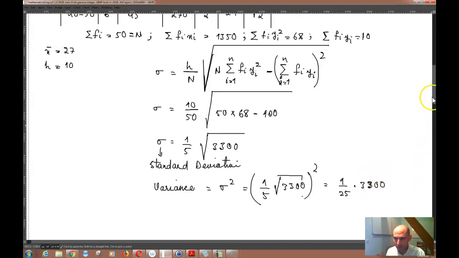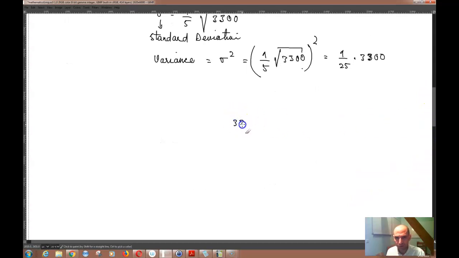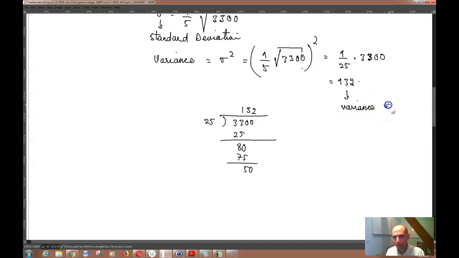Now 3,300 divided by 25: 1 times 25 is equal to 25, 3 times 25 is equal to 75, 2 times 25 is equal to 50, 132. 132 is your variance, sigma squared.